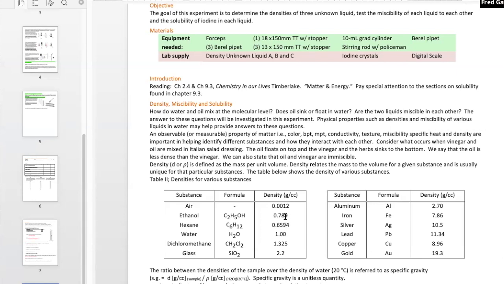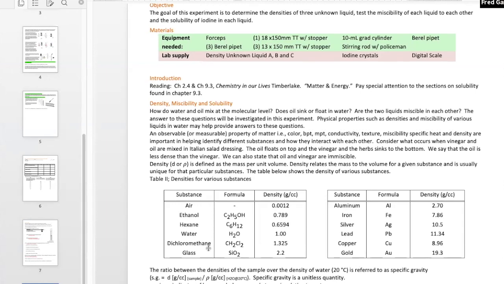So in this particular case, if you have ethanol or hexane with water, it's going to be sitting above the water. If you have something called dichloromethane, it's going to be below the water towards the bottom. So these are typical items that we've measured the density of in the past.